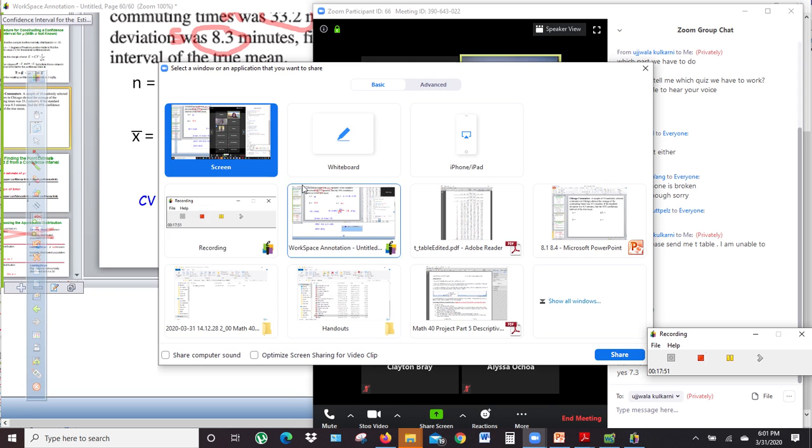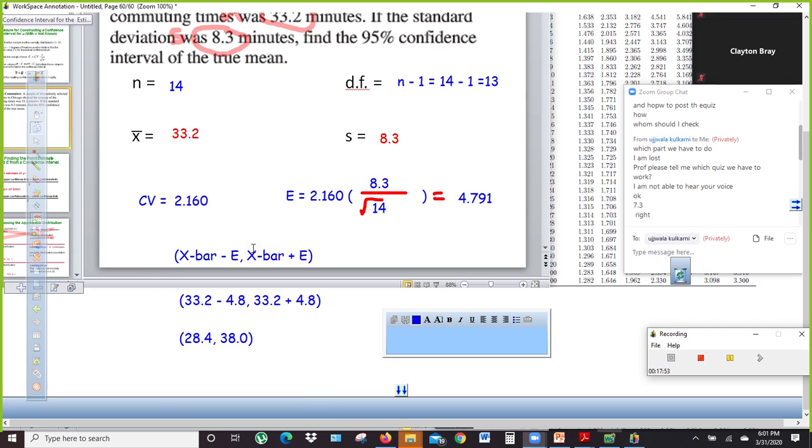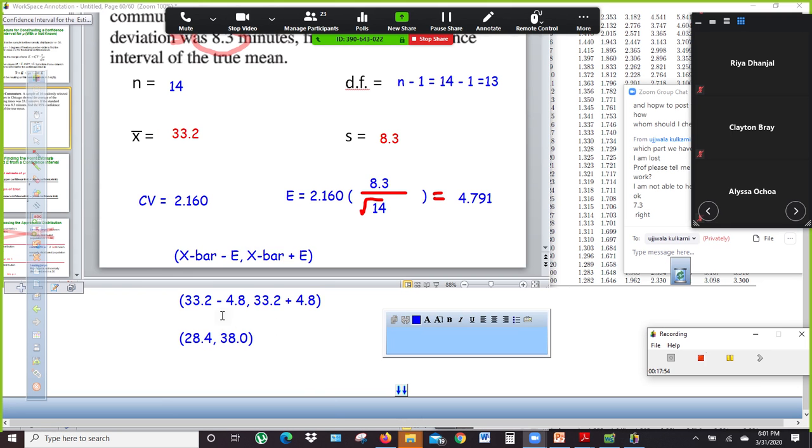So that's how we got to these numbers. We took our best guess, 33.2, and subtracted 2.16 standard deviations. This is how many standard deviations we want to go: our critical value times the standard deviation.